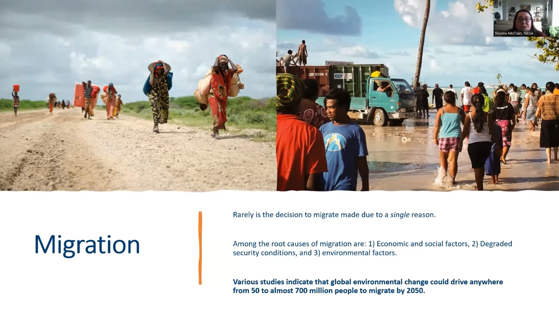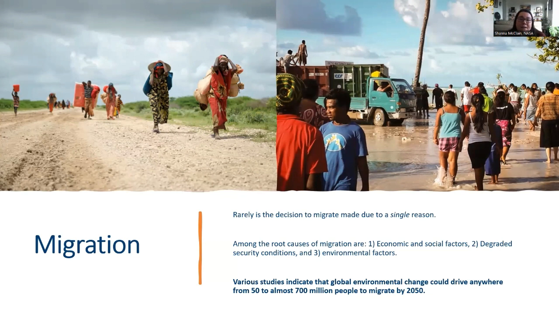Degraded security conditions and environmental factors are largely linked to the same issues I mentioned as contributors to conflict, such as inequitable sharing of resources, resource degradation, et cetera. These all contribute to reasons for migration because this leads to diminishing health conditions, insecure livelihoods, and significant insecurity.